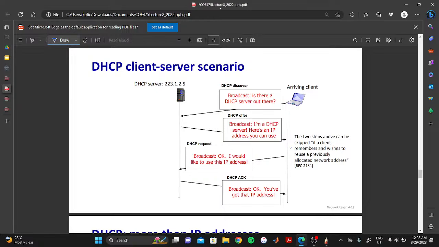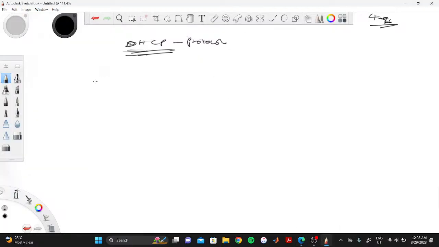One thing I've not mentioned, but that's actually very important, is that if you set a destination address of 255.255.255.255, this is called a broadcast address.